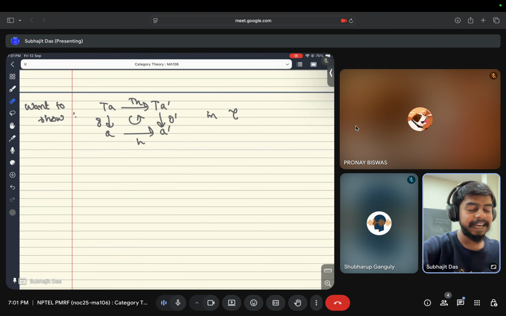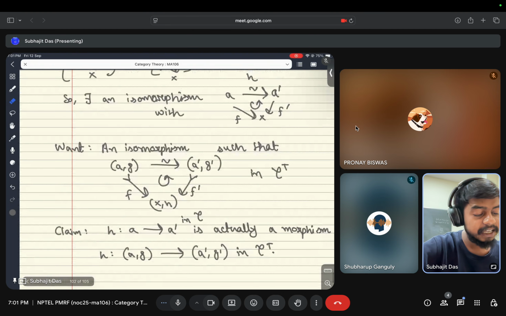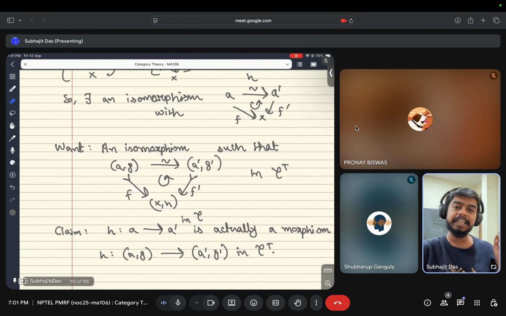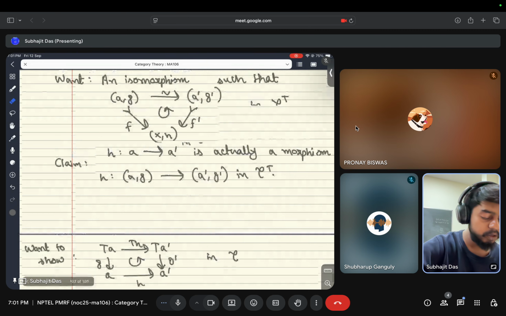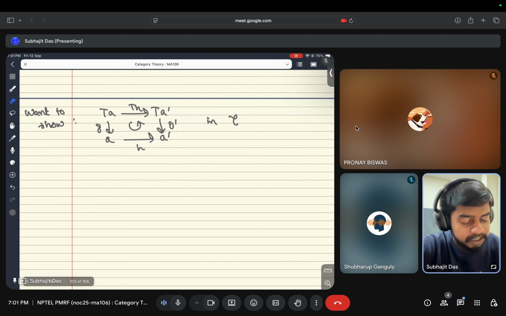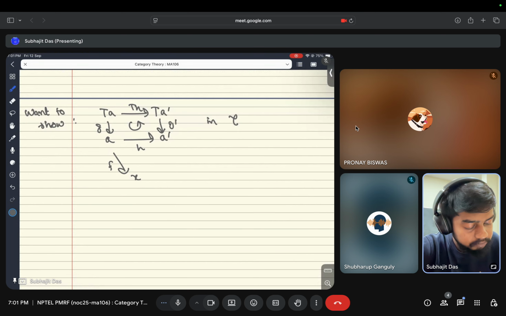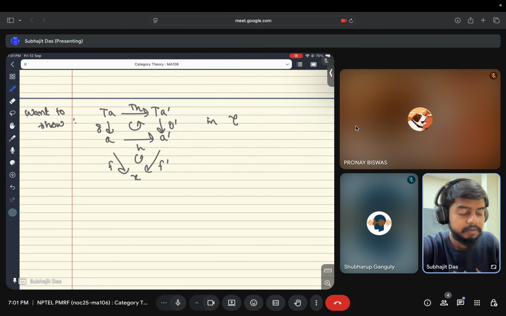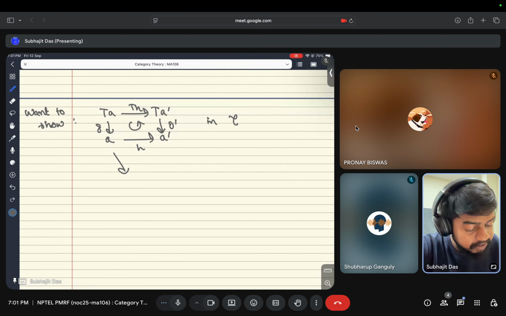So the point is that what I'm trying to stress here is that we haven't really used the fact that H makes this triangle commute. How do we make this fit into this diagram? We can just put f and f prime here as well, right? Okay, let's not write it like this.